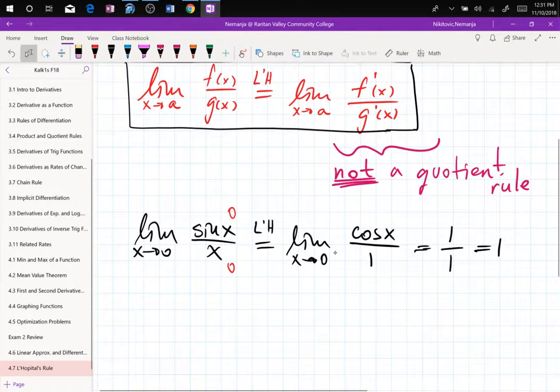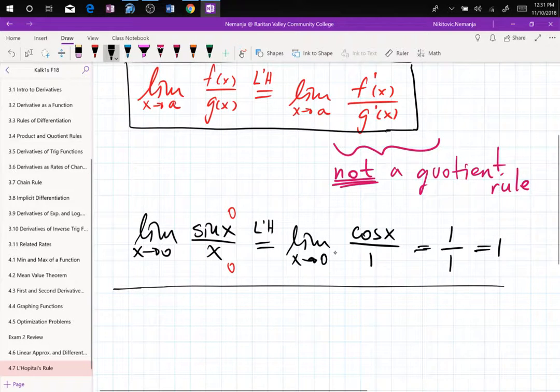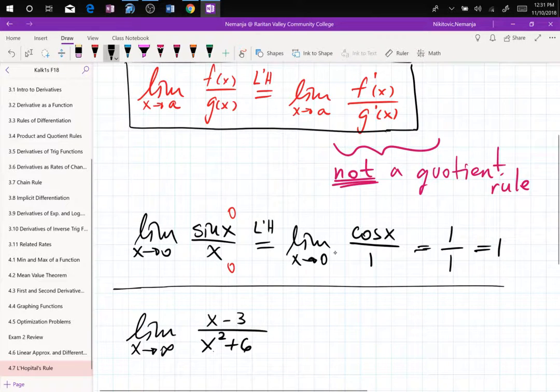Another example would be one of those, remember the horizontal asymptotes and the infinite limits at infinity? That's another good example. So the limit as x goes to infinity of, let's say, x minus 3 over x squared plus 6.